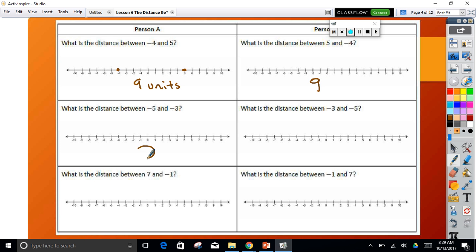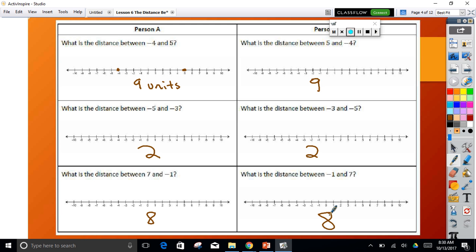Person B, tell me what's the distance between -3 and -5, Jimmy? Also 2 units. Person A, tell me the distance between 7 and -1. Violet? 8 units. Good. And a person B to tell me the distance between -1 and 7. Dakota? Also 8 units.